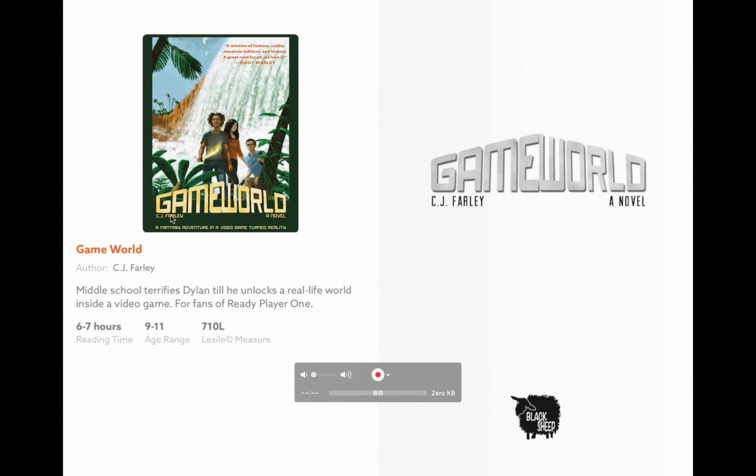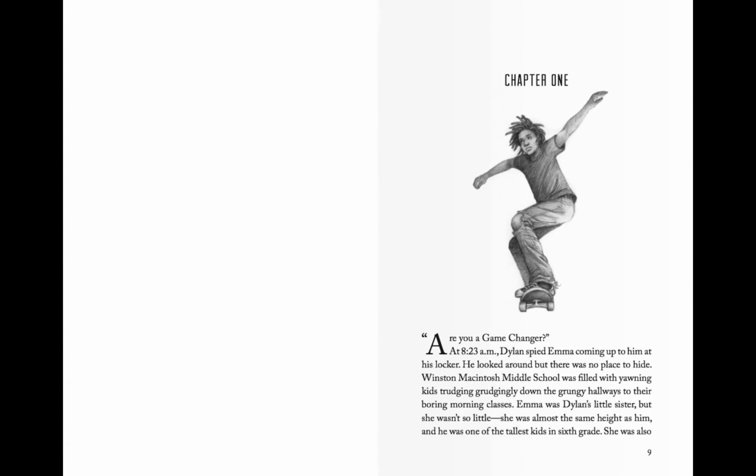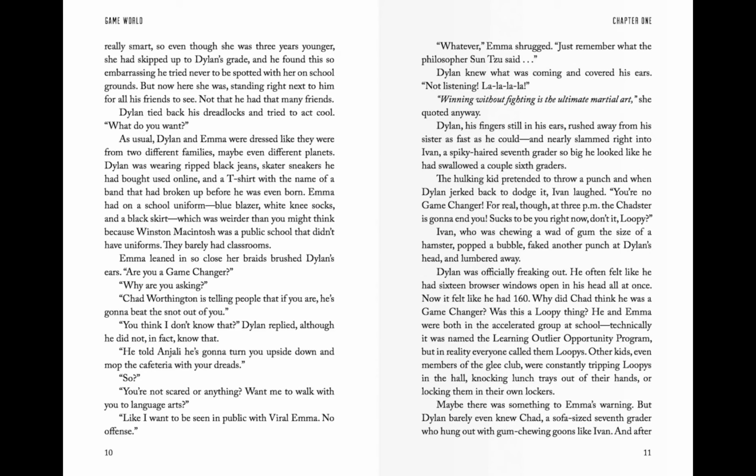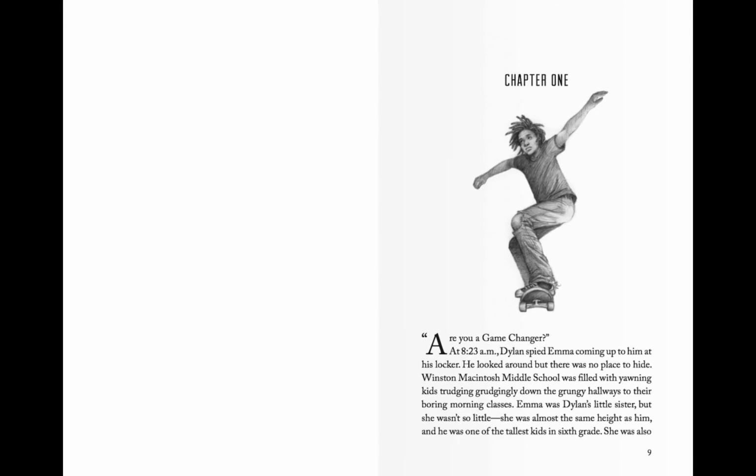Middle school terrifies Dylan till he unlocks a real-life world inside a video game. So we know already where this setting is going to take place, right? Inside of a video game. But then we would want to start reading Chapter 1, the first and second page, to figure out what is going on in this story and what this setting is going to be.